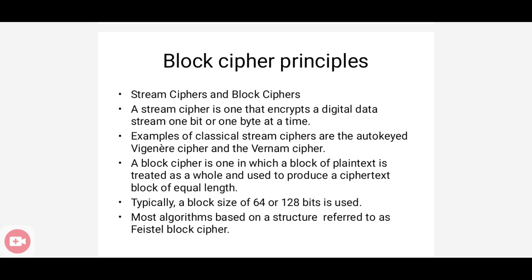In the case of block cipher, we group the plain text bits into a number of blocks, take the first block and produce the first block of ciphertext, then take the next block of plain text and produce the next block of ciphertext. Clear? Examples of stream cipher are Vernam cipher and Vigenere cipher.